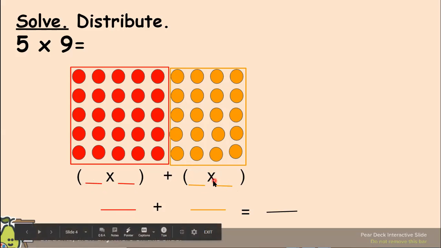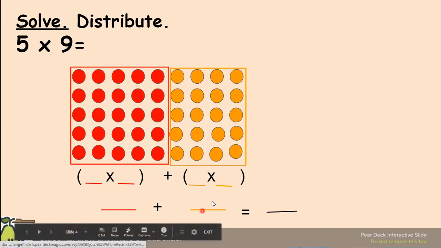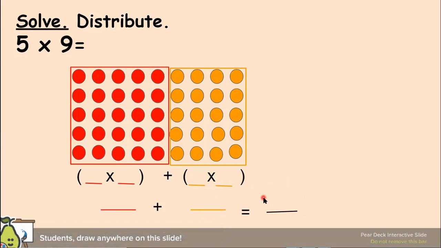So you're still multiplying your rows times your columns. Then you're going to multiply and put that product on this bottom line. When you were done and you found your first product from your red array and your second product from your yellow array, you are going to add those two numbers together to get your final answer of 5 times 9.